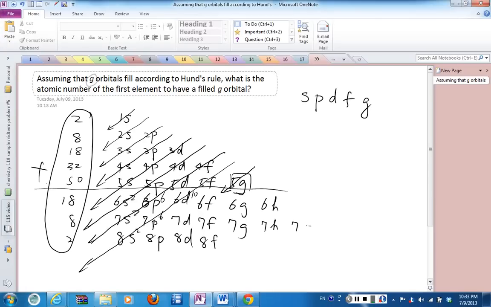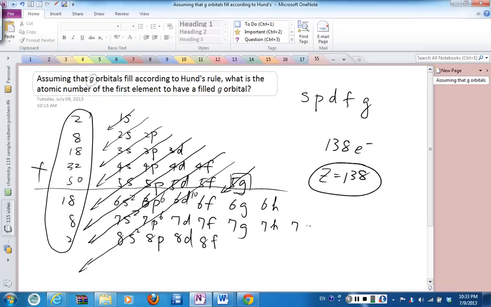And whoever that element is doesn't have a name now because it doesn't exist. But if everything follows Hund's rule, then when we get there, this should be the total number of electrons in the neutral atom. This should also be the atomic number. Adding them all up, you get 138 electrons, and that means the Z of the neutral atom equals 138.